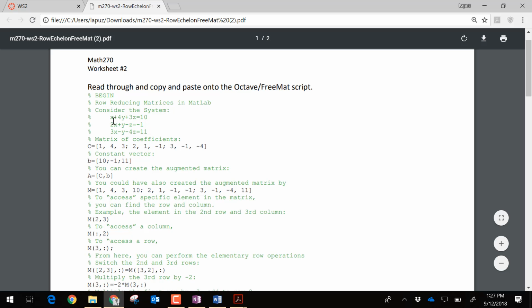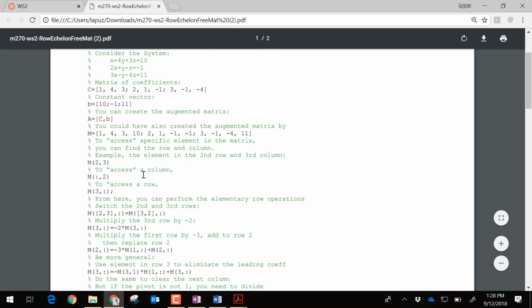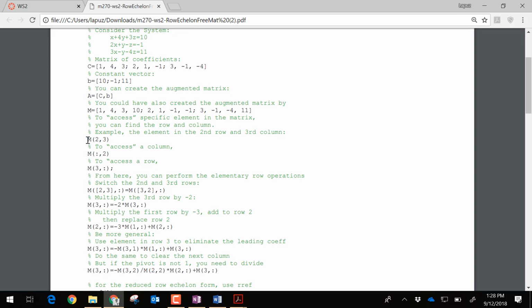And so we start off with a system of linear equations, and you have a matrix or augmented matrix. And then you call these things. So the idea here is for you to just have this on a piece of paper on the side and then type this up, or you can do copy and paste. But I want you to do it line by line so that you can see the process of how this thing works.